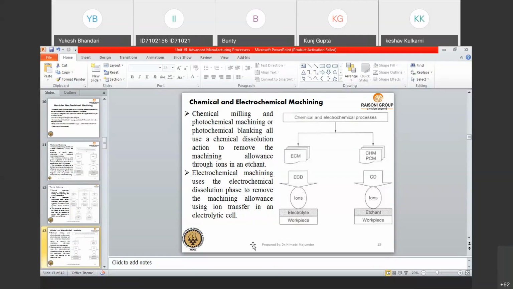Different chemical agents are used, which in the form of chemical dissolution remove the material where it is needed. Then electrochemical machining uses the electrochemical dissolution phase to remove the material, and that is done by ion transfer in an electrolytic cell. So this is a little about chemical and electrochemical machining processes.